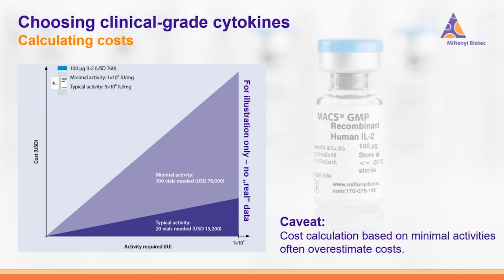They just see the activity value and use it to calculate the costs. As you can see here, if you calculate the costs with a minimal activity of, let's say, 1 million units, while the typical activity is actually 5 million units, you're overestimating your costs by a factor of 5. So this is definitely not an ideal scenario.